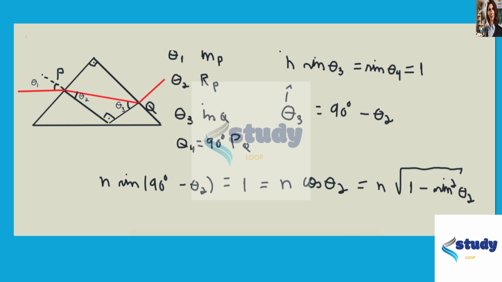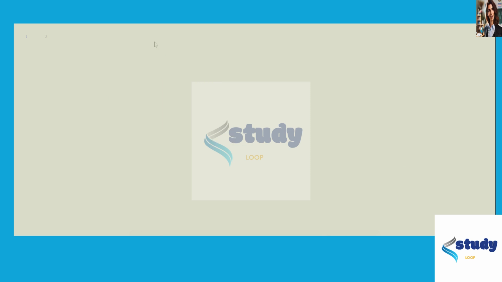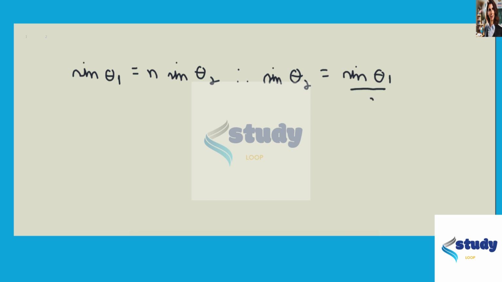Now we apply the law of refraction at point P here. At point P, we have sine of theta 1 is equal to n sine of theta 2. So this gives us sine theta 2 is equal to sine of theta 1 divided by n.